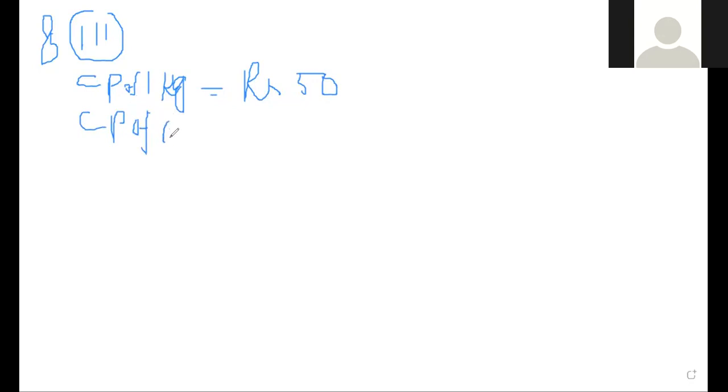Rupees 50 should be multiplied with 60. Then you will get rupees what there? 3,000. You are absolutely right.